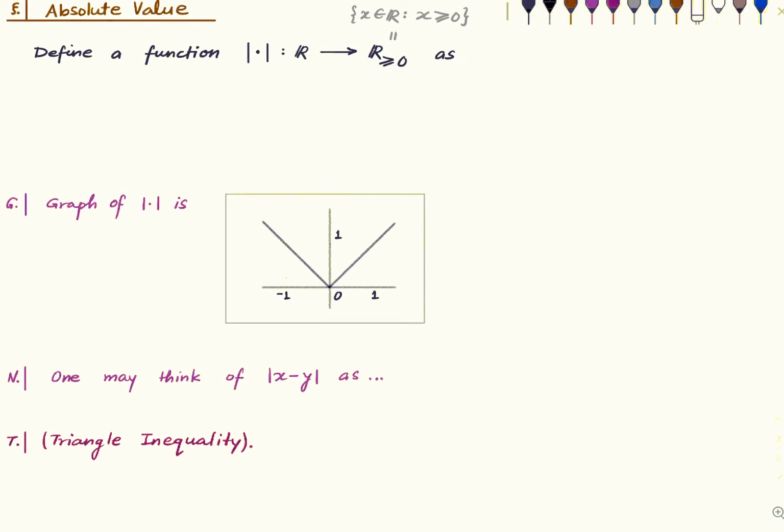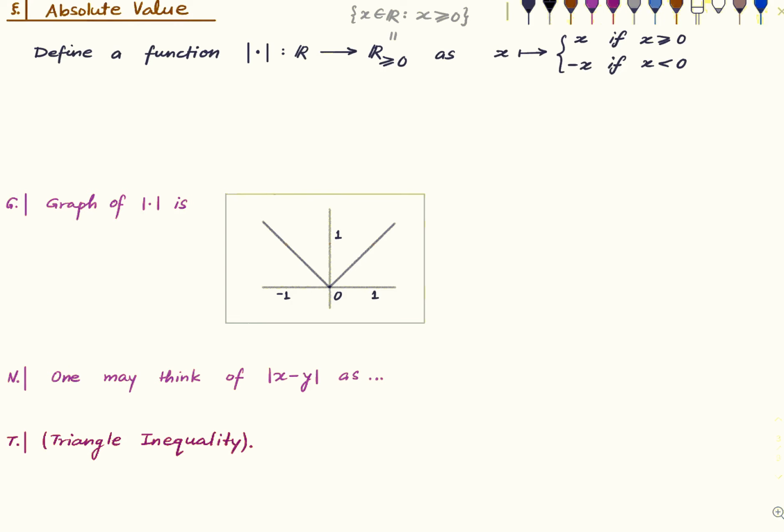And what does it do? It picks x and outputs x if x is non-negative and minus x if x is negative, right? And its output is written as this, and we read it as the absolute value of x or the mod of x.